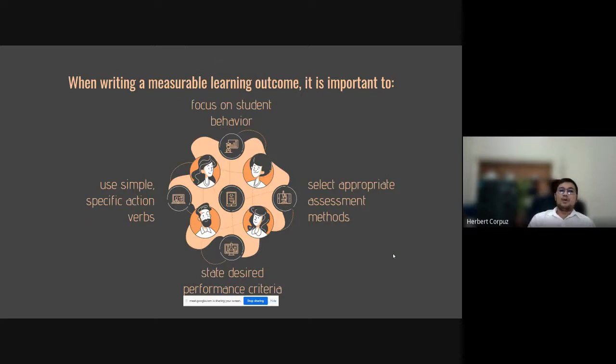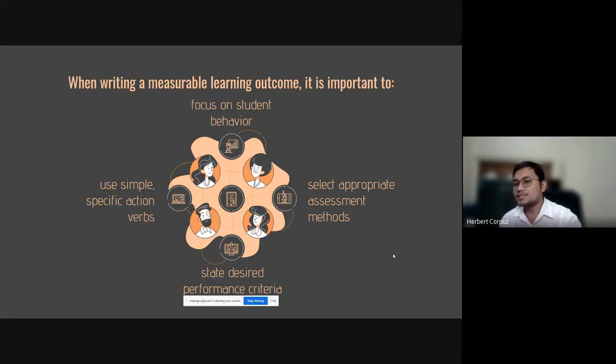Now, when writing a measurable learning outcome, it's important to focus on student behavior. That's why when we write our student learning outcomes, we always have to start with the behavior that we would like our learners to show.